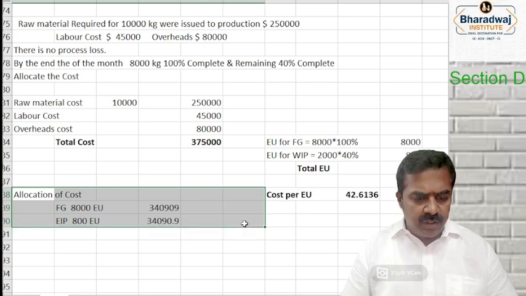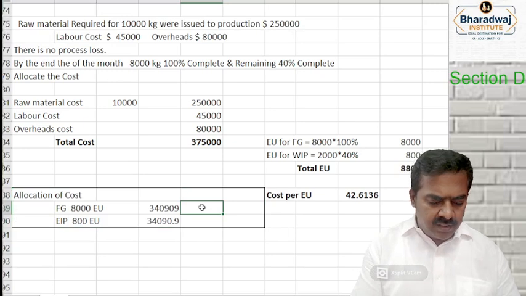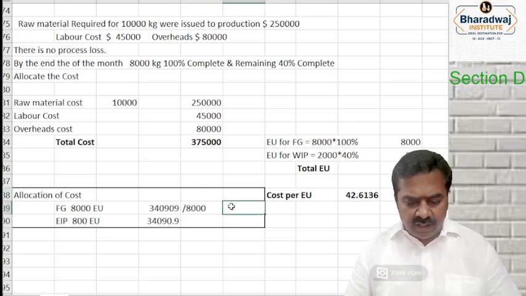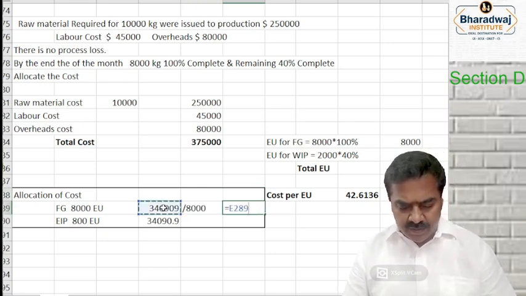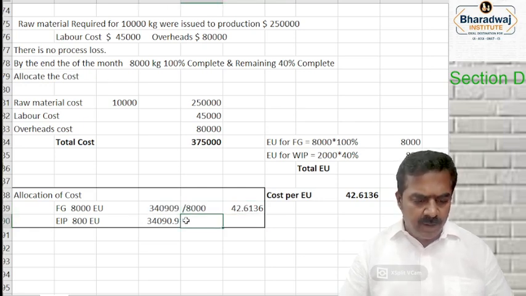Sir, is it possible to verify? Yes, we can verify. This divided by 8,000 will give us the value for the fully completed units, 100% completed units is 42.6136.